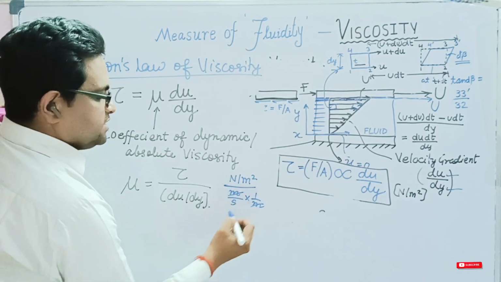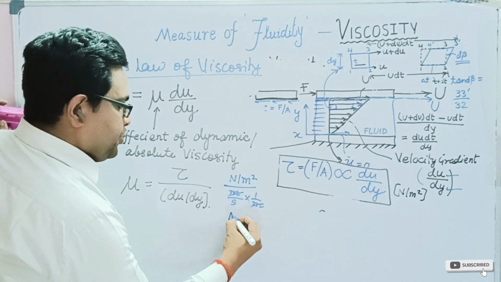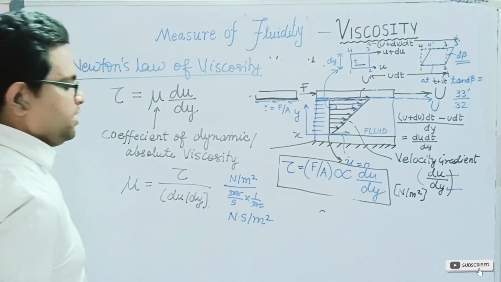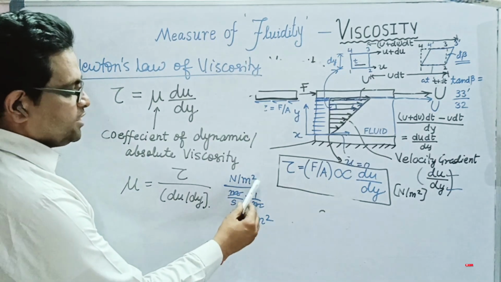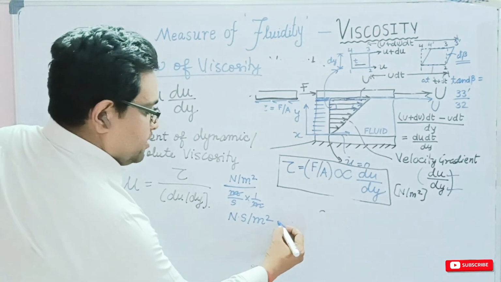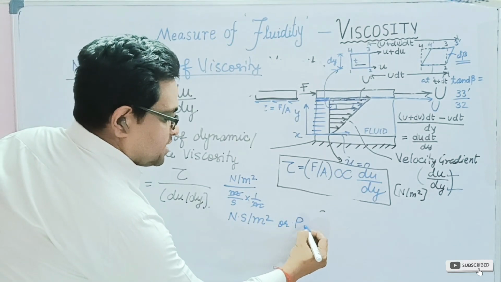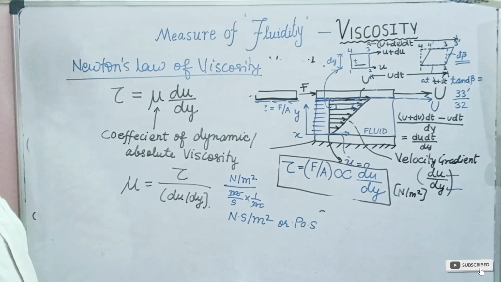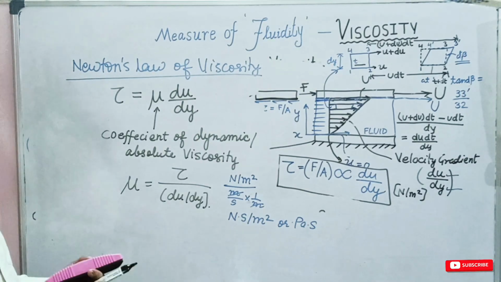So meter gets cancelled out and we get Newton second per meter square. Or even this Newton per meter square is also known as Pascal. So we can write this as Pascal second. So this is the SI unit of dynamic viscosity, or the coefficient of dynamic viscosity.